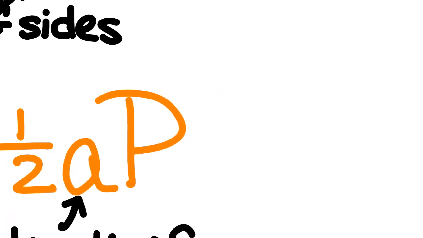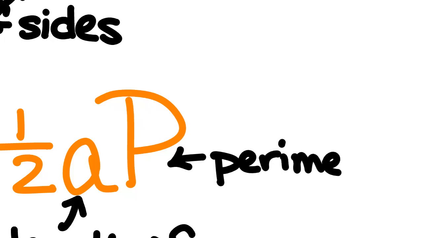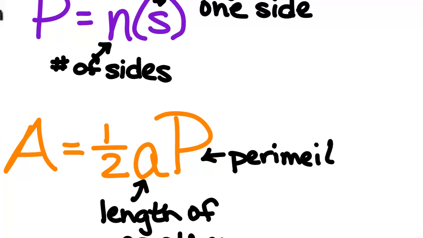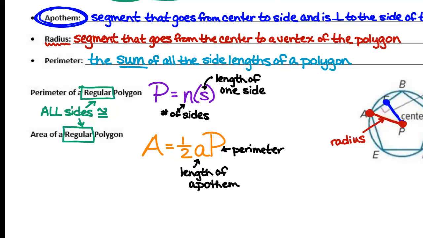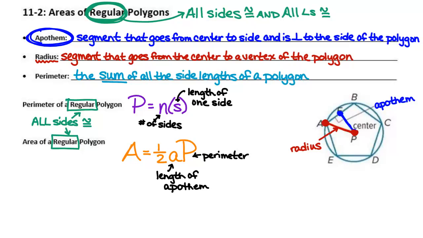We represent that with a capital P. So the perimeter is the number of sides times the length of one of those sides. And the area is 1/2 times the length of the apothem times the perimeter.